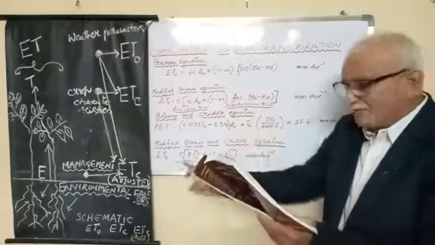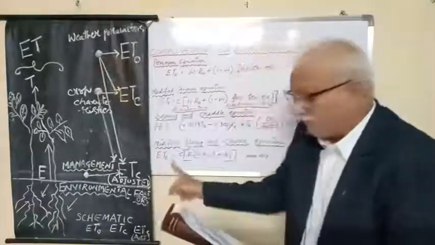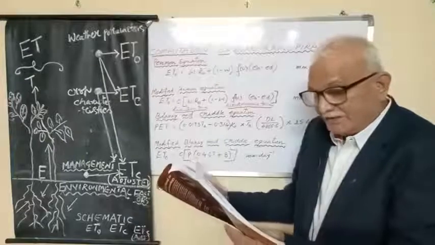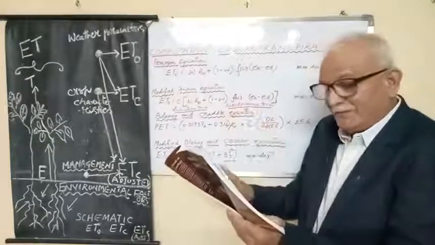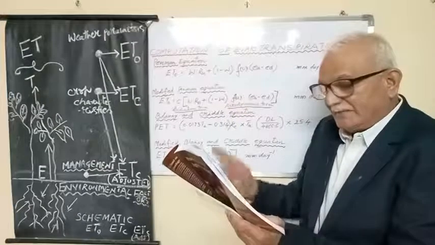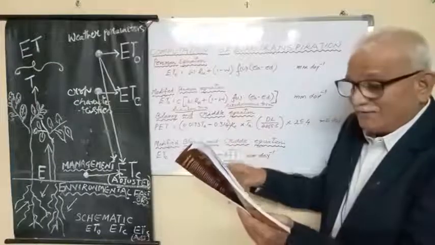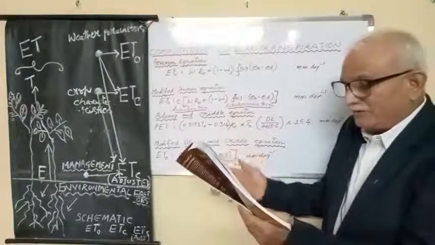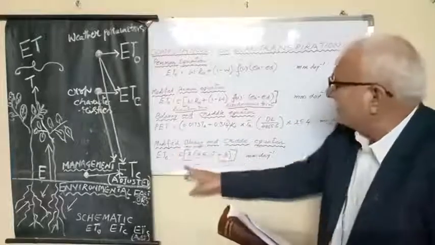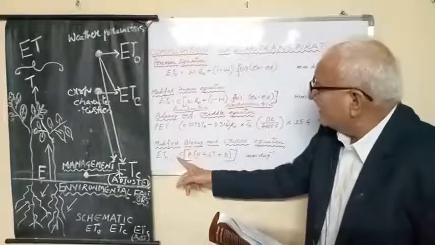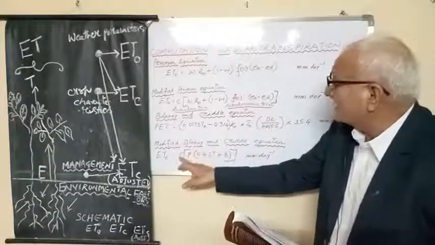It is the simplest thing: reference crop evapotranspiration ETo, where T is the mean daily temperature in degree centigrade over the month considered, P is the mean daily percentage of total annual daytime hours, and C is the adjustment factor, which depends upon the minimum relative humidity, sunshine hours and daytime wind estimate. So here Blaney and Criddle have given another component as far as C is concerned.